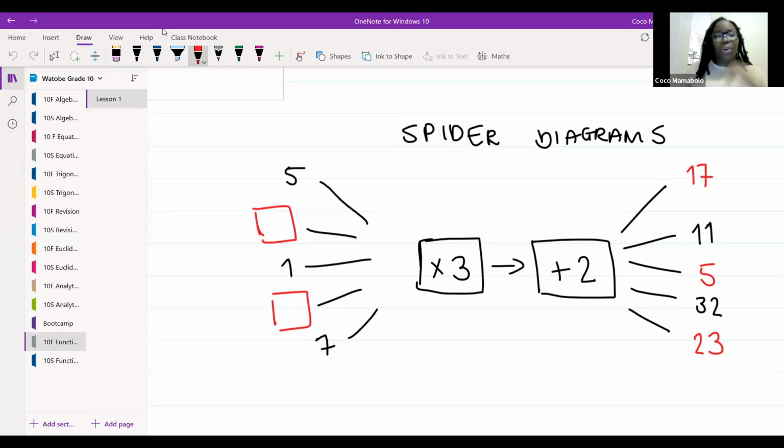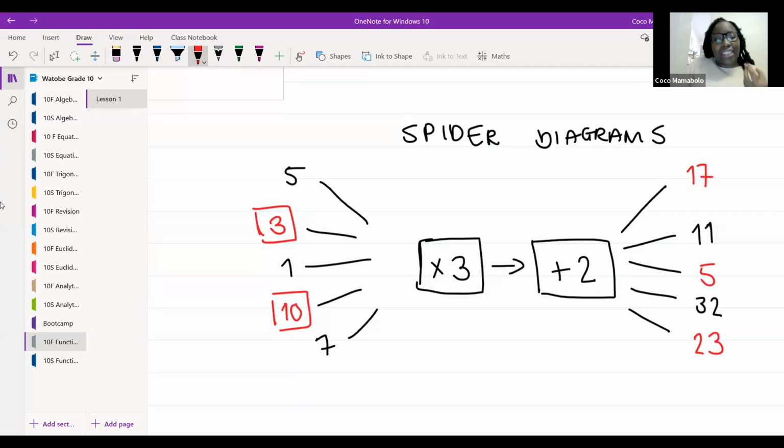Exactly, that's it, Nolazi. We would reverse: minus 2 and then divide. So 32 minus 2 gives 30, divided by 3 gives 10. So this number over here would be 10. And over here, 11 minus 2 is 9, divided by 3 is 3. That's how we would do this.